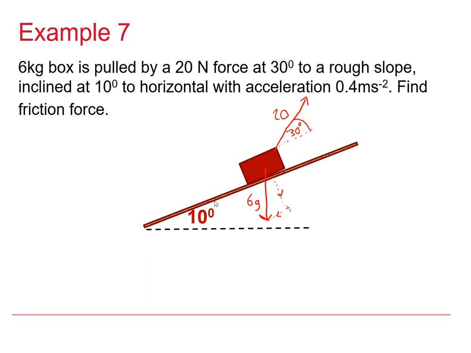Now we've got an angle here of 10 degrees, and if we think about it, that angle there is the same as that angle there, so I've got an angle of 10 degrees inside there, which means that this component will be 6g cos 10 degrees, and this component here will be 6g sine 10 degrees.